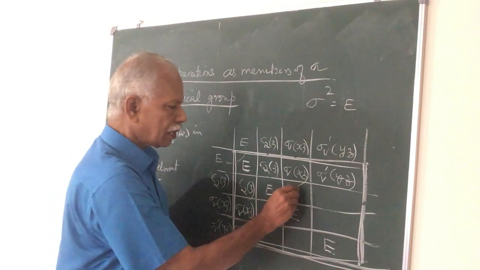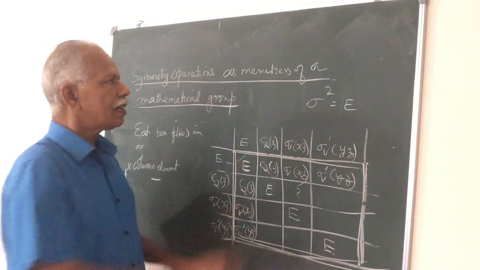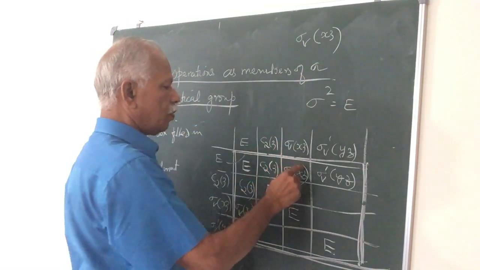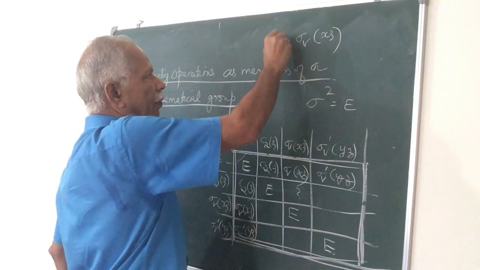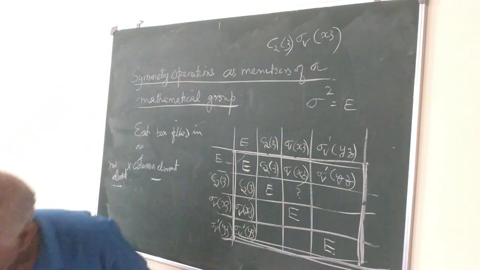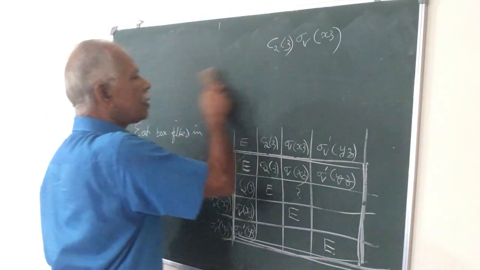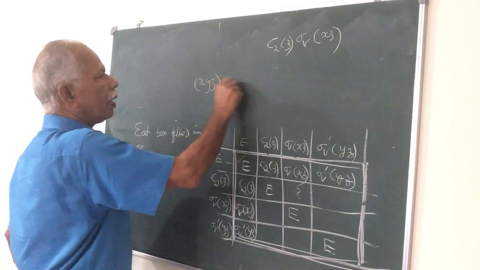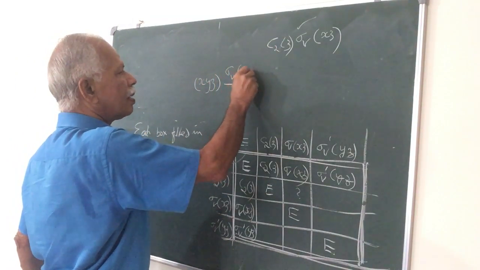What about this result? It is sigma v xz followed by C2z, and we know how to get this product. Imagine a general point x, y, z. First you do the sigma v xz.